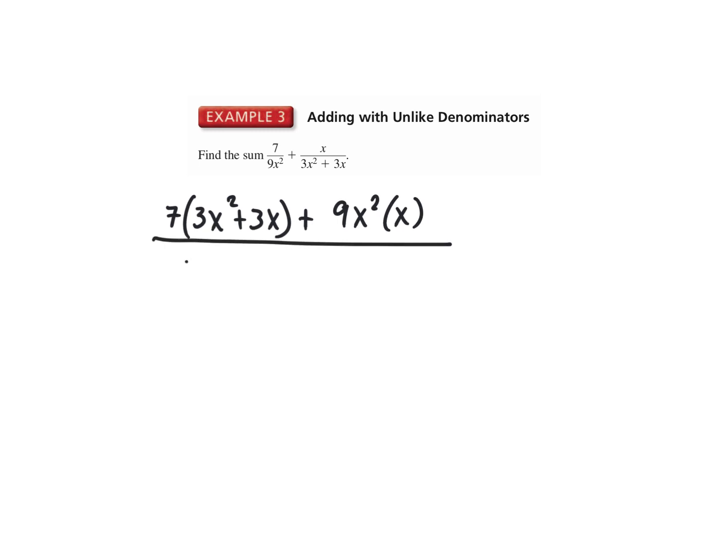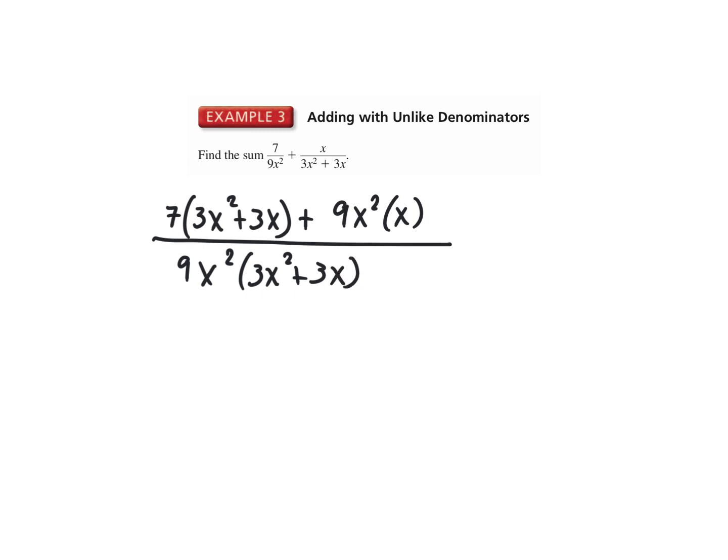Now I'm going to go ahead and just cross multiply. So I'm going to get 7 times 3x squared plus 3x at the top, plus, now I'm going to get 9x squared times x. All of that is going to be over 9x squared times 3x squared plus 3x, all of it multiplied.